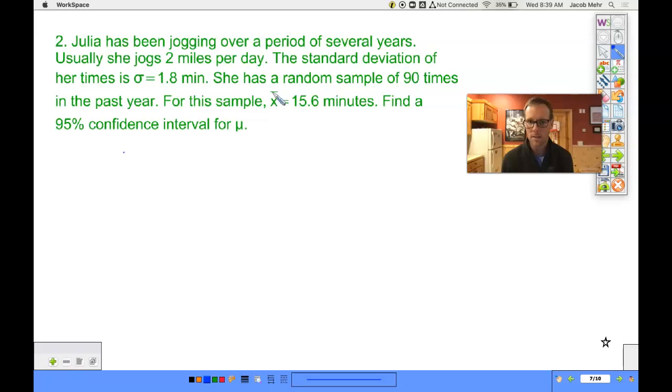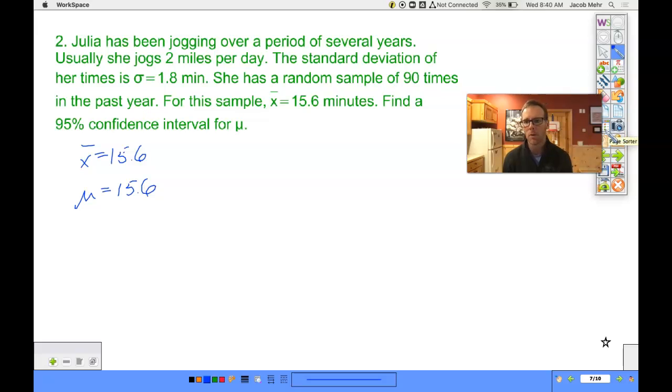So this is the mean of the 90. So I'm going to write this down. X bar equals 15.6. So our estimate is that mu is 15.6. The mean of all 366 jogs is 15.6. But how confident are we that the 90 that we pulled really matches what the whole population distribution is?